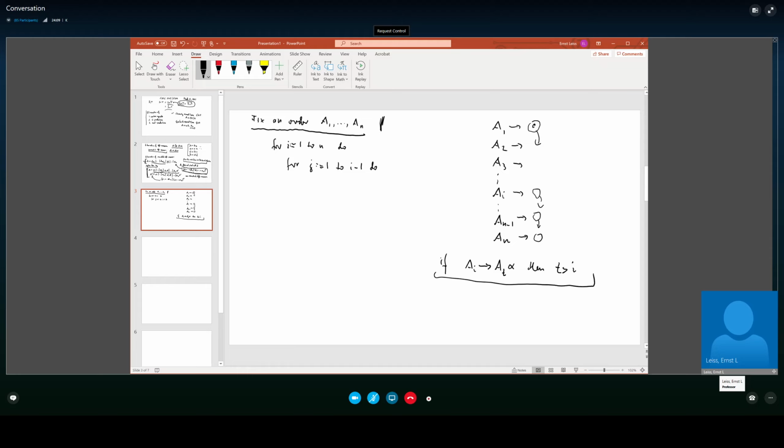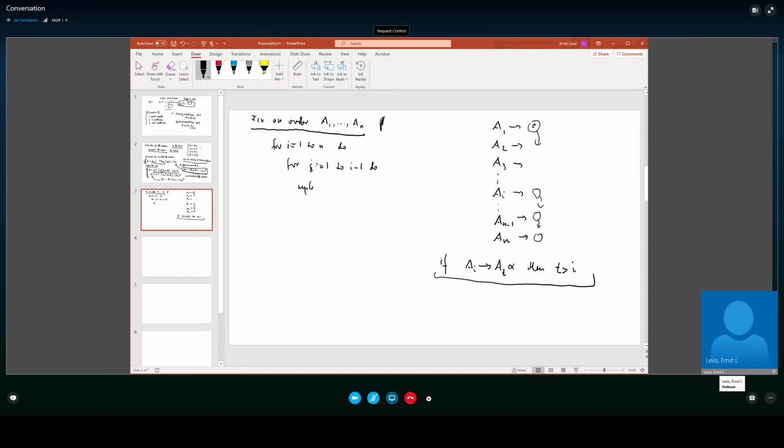So that means we are now doing the following. For i from 1 to n, for j from 1 to i minus 1, do: replace any production Ai goes to Aj alpha.